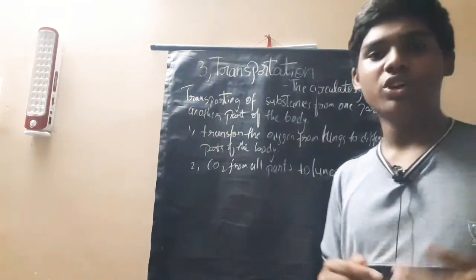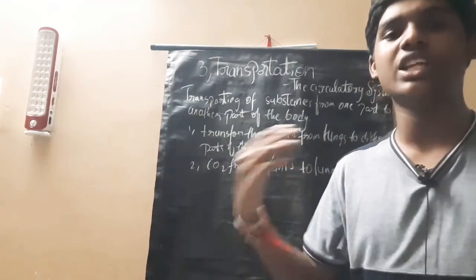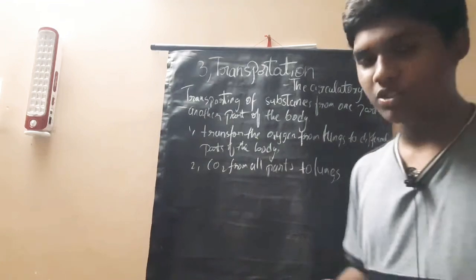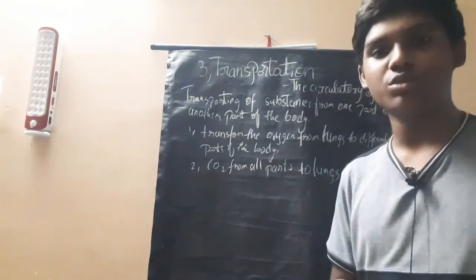And this transportation is also helpful to collect the wastage from all the cells and send it to the excretory organs. The excretory system is a different system, so how does the wastage come to the excretory organs?